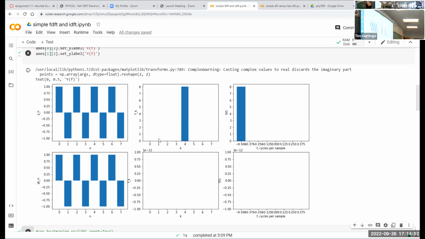So in our data, the limit of the frequencies that we can see corresponds to this Nyquist limit of two samples.